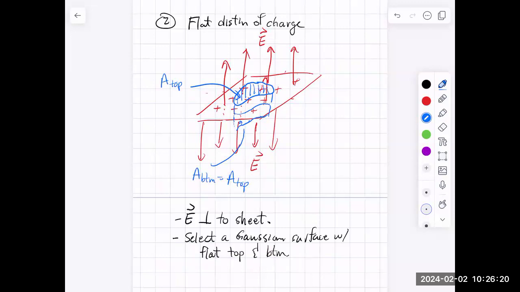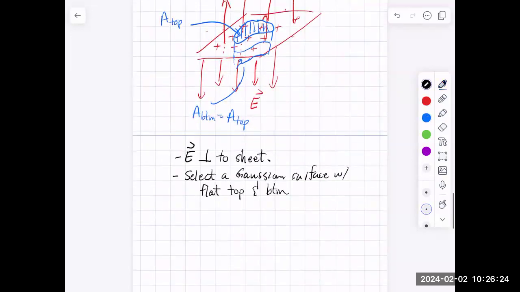If we do that, then we can say, well, this integral of E dot dA, it's going to involve the top area, the bottom area, and the side area of our surface. But the side is going to have a normal vector that's perpendicular to the electric field.